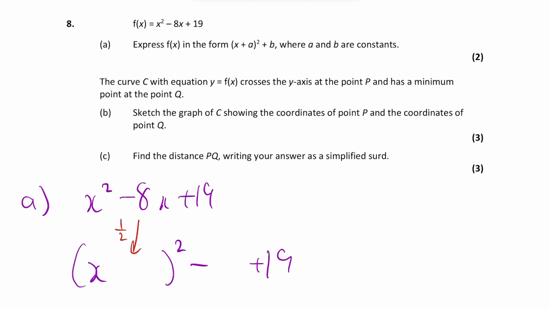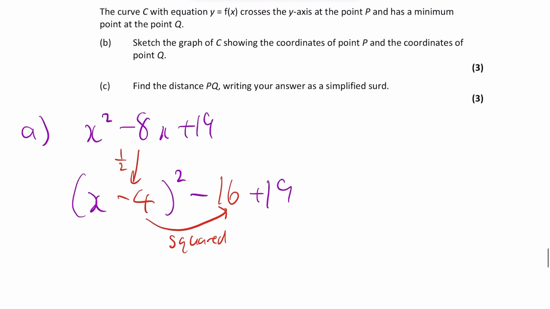So to get it, we have negative 8 to get negative 4, and we take away that thing squared, which is 16. So we would have x minus 4 squared add 3.